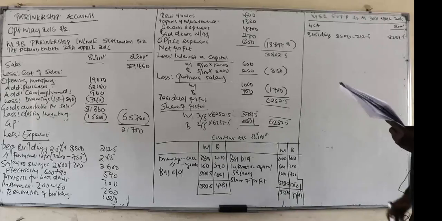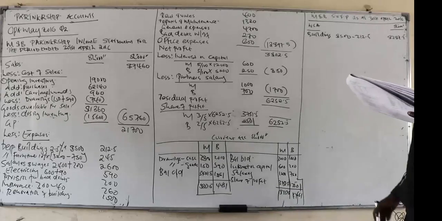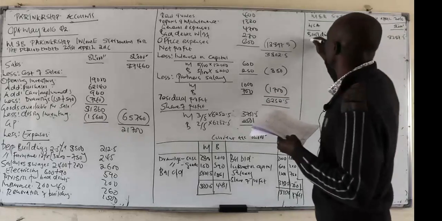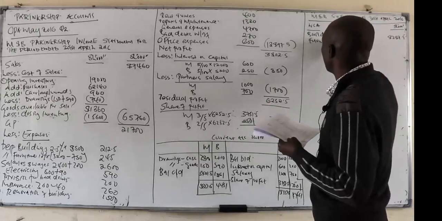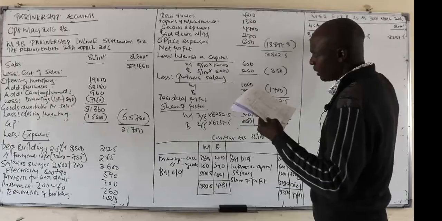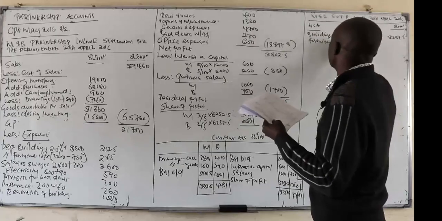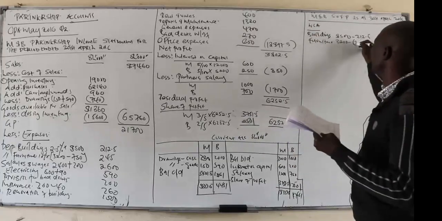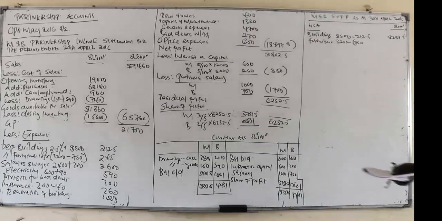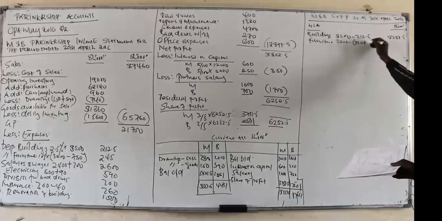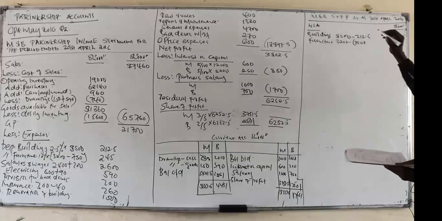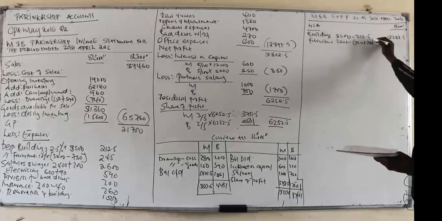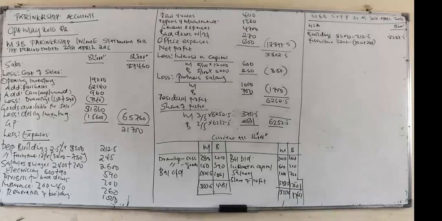And then we have another one, furniture. The cost of furniture is how much? 3,200. And then you subtract in brackets 750, the depreciation for previous years, plus now the current one, which is 245. So this is what we call accumulated: what you charged in the previous year plus what you're charging.